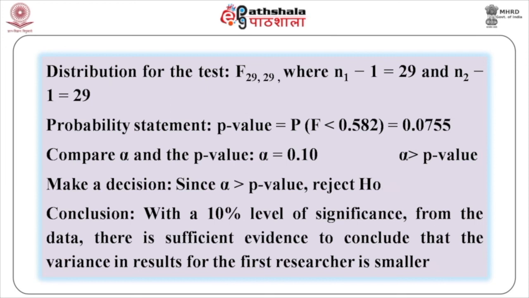We have alpha equals 0.10, and we can see that alpha is greater than the p-value. So make a decision. Since alpha is greater than the p-value, reject the null hypothesis. Conclusion: with a 10% level of significance, from the data, there is sufficient evidence to conclude that the variance in results for the first researcher is smaller.